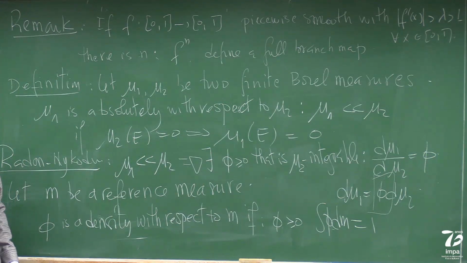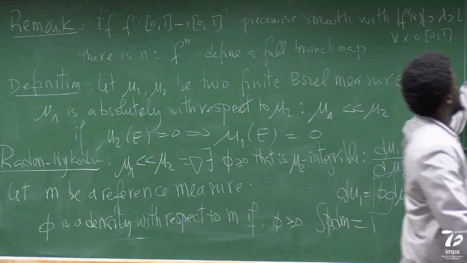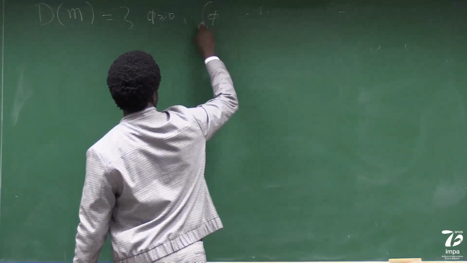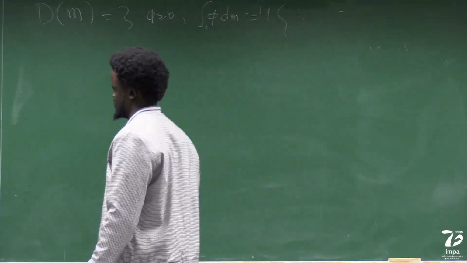This is what I mean by density. We write D_m for the space of densities: φ positive with integral equal to 1. So this is the space of densities.